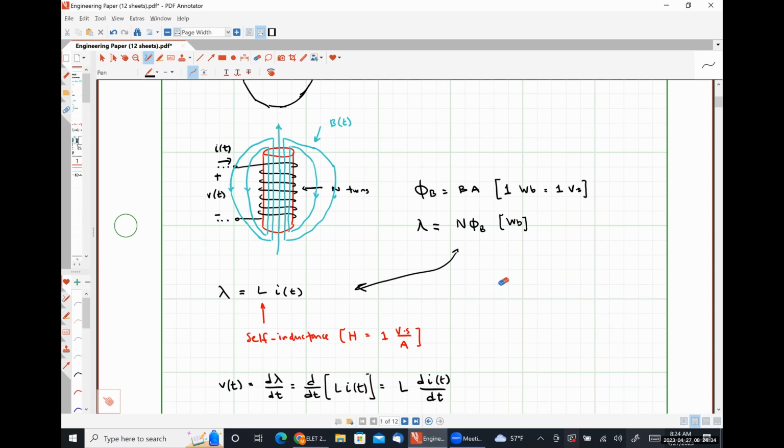If we have N times phi b equal to L times I, then phi b would be L over N times I, right?